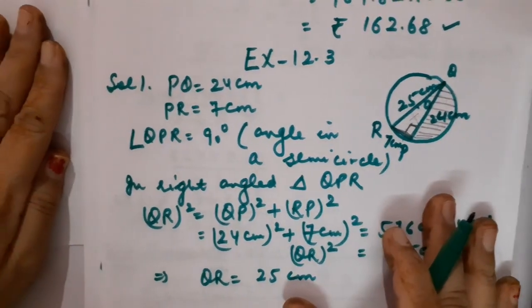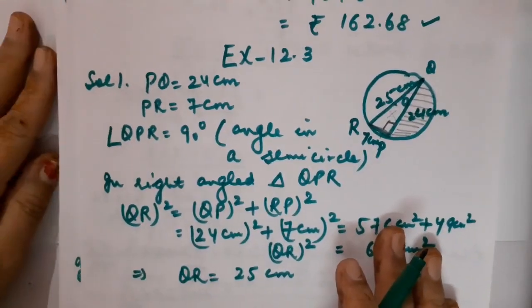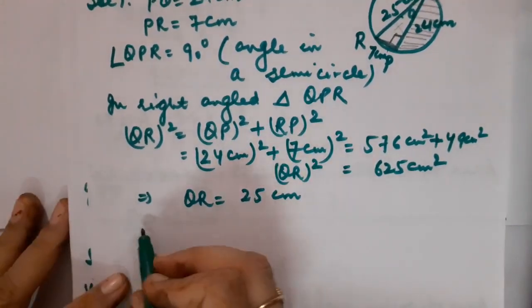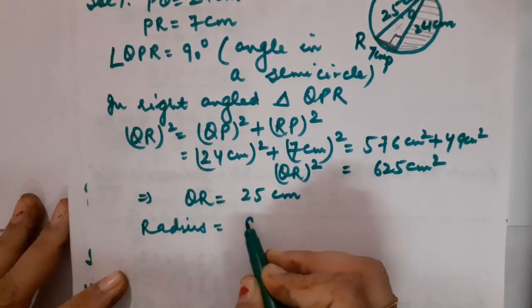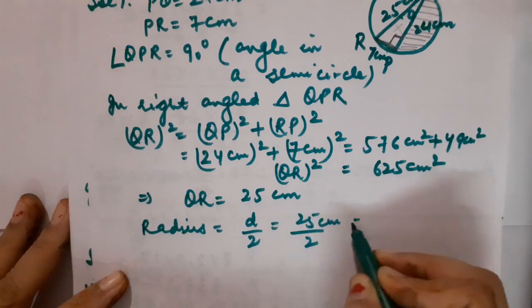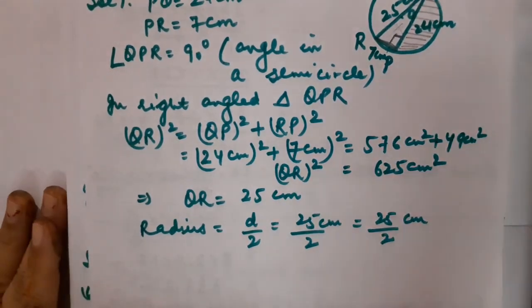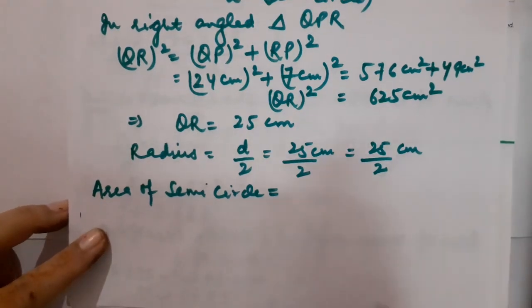If QR is equal to 25 centimeter, that is the diameter, what will be the radius? Radius of the circle is equal to diameter upon 2, that is 25 by 2 centimeter. Now let us calculate the area of the semicircle.